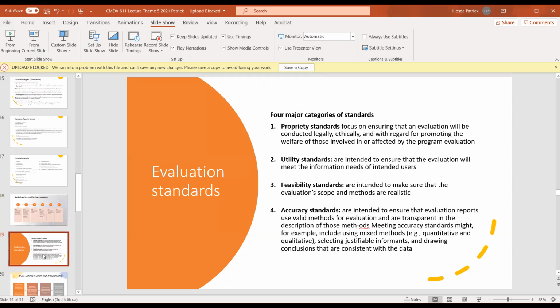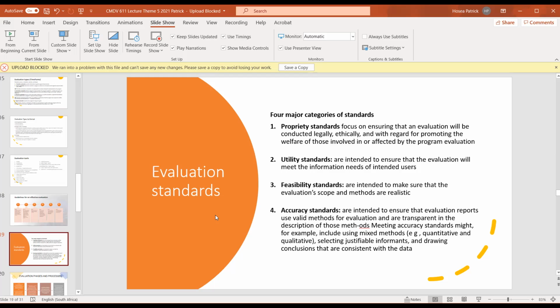And then when you talk about evaluation standards, we said there are propriety standards, there are utility standards, there are feasibility standards, and there are accuracy standards. These are the 4 categories of standards of evaluation. When we talk about the propriety standard, it focuses on ensuring that evaluations are conducted legally, ethically, and with regard to promoting the welfare of those involved, right?